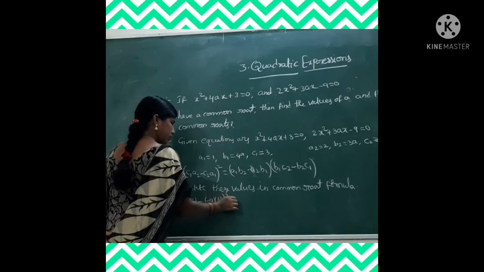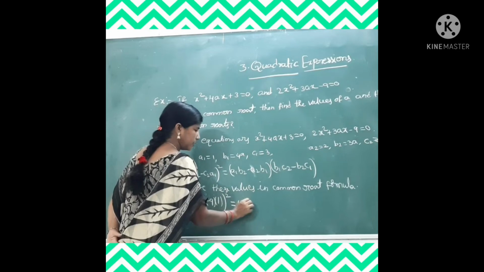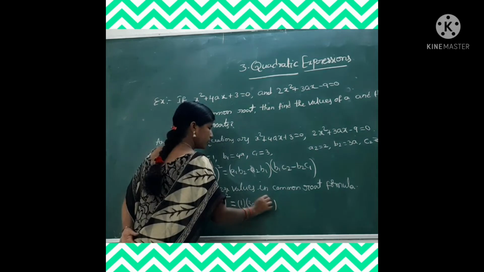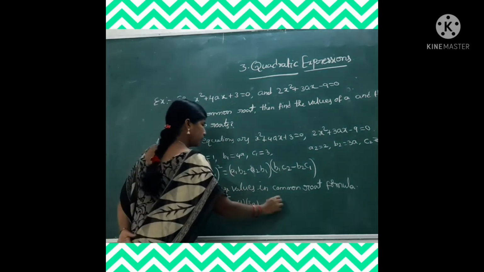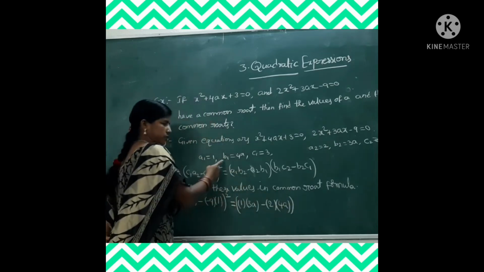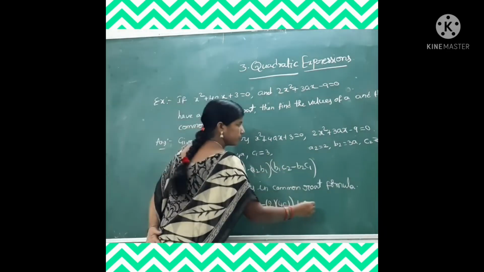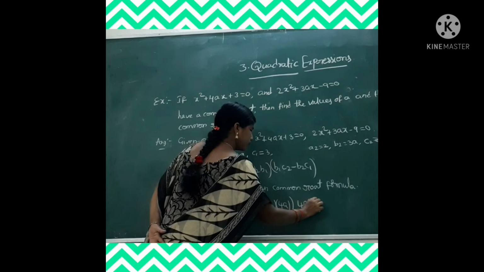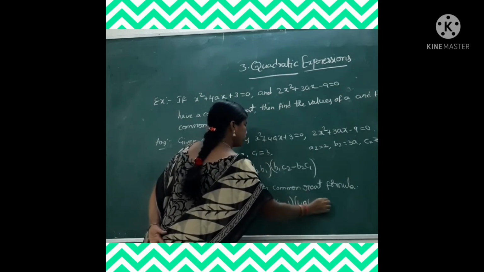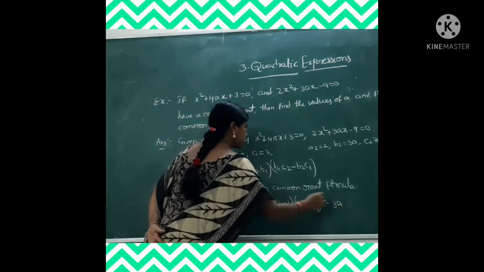Understand? Is equal to a1 which is 1, b2 which is 3a, minus a2 which is 2, b1 which is 4a, and b1 which is 4a, c2 which is minus 9, minus b2 which is 3a, and c1 which is 3.